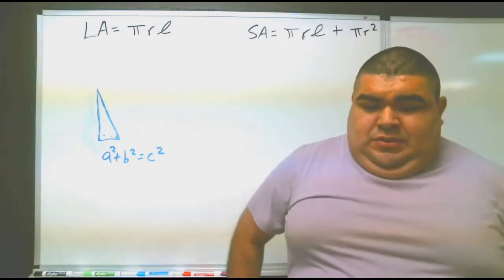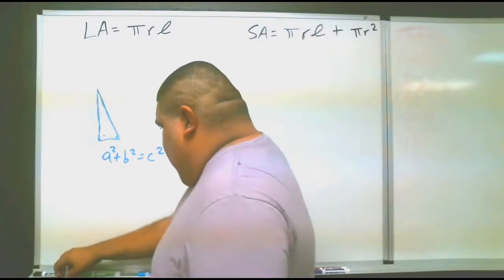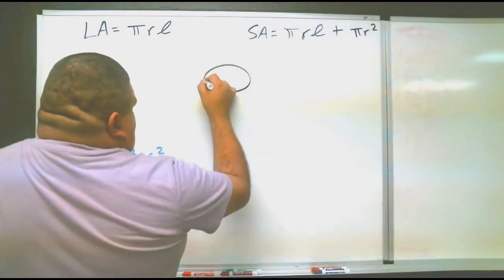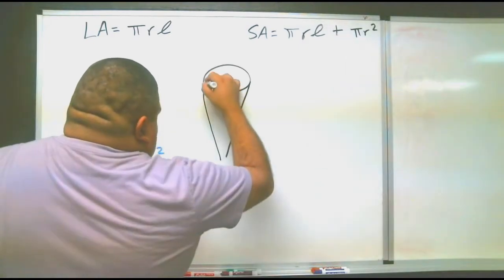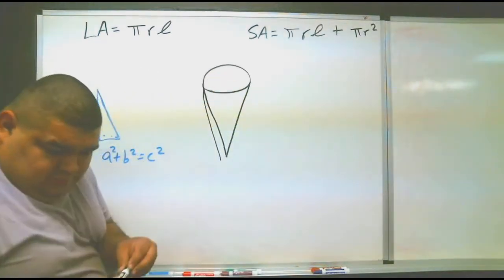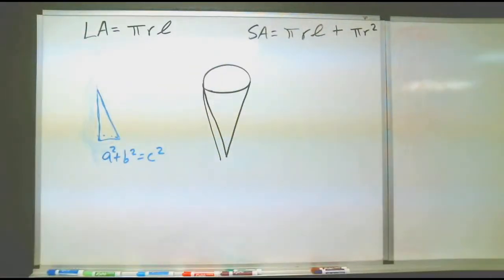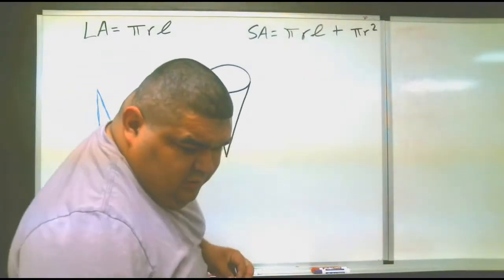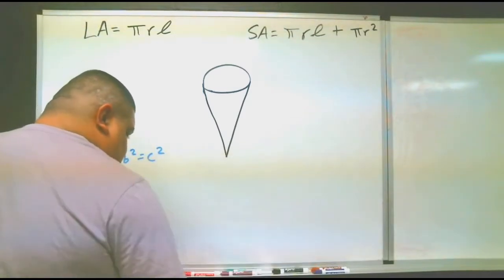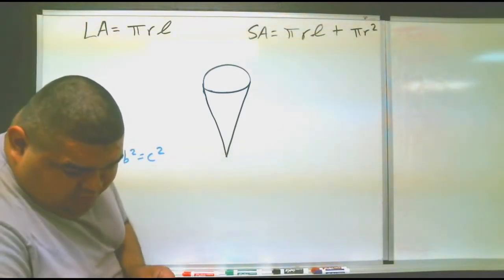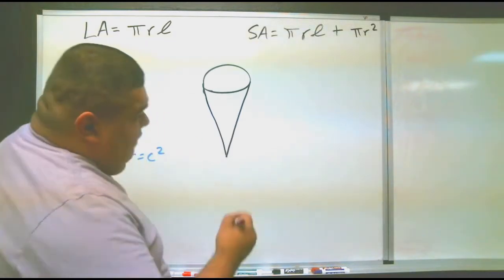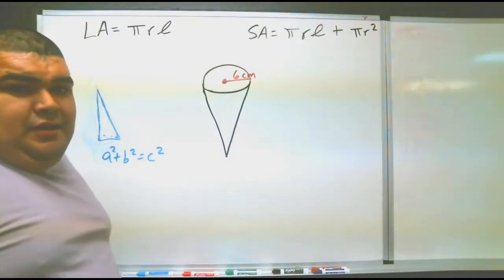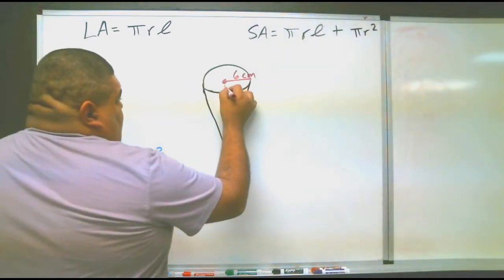Now that we know all the basic rules, if I have a cone, it tells us that on this cone we have a radius of 6 centimeters.